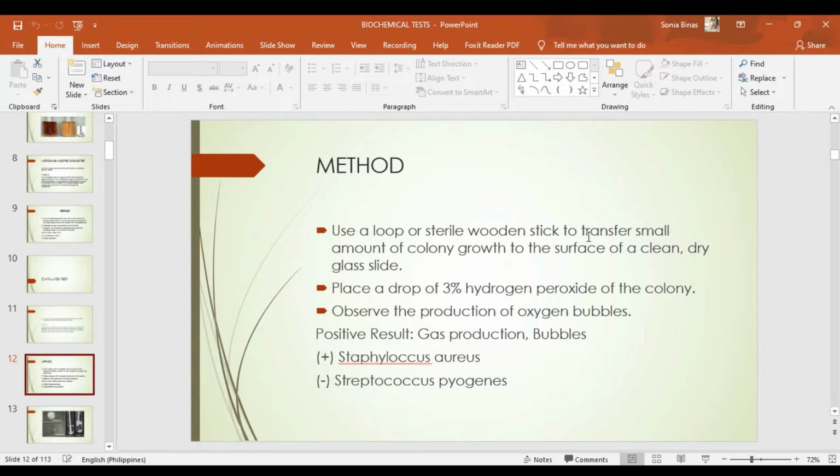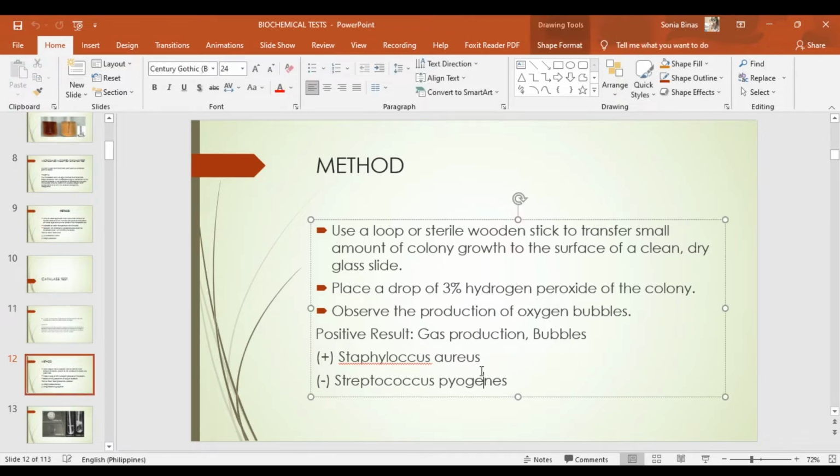After that, we will place a drop of our agua oxinada on the colony. Then we will observe for the production of oxygen bubbles or effervescence. And again, the positive reaction will be gas production, bubbles production.